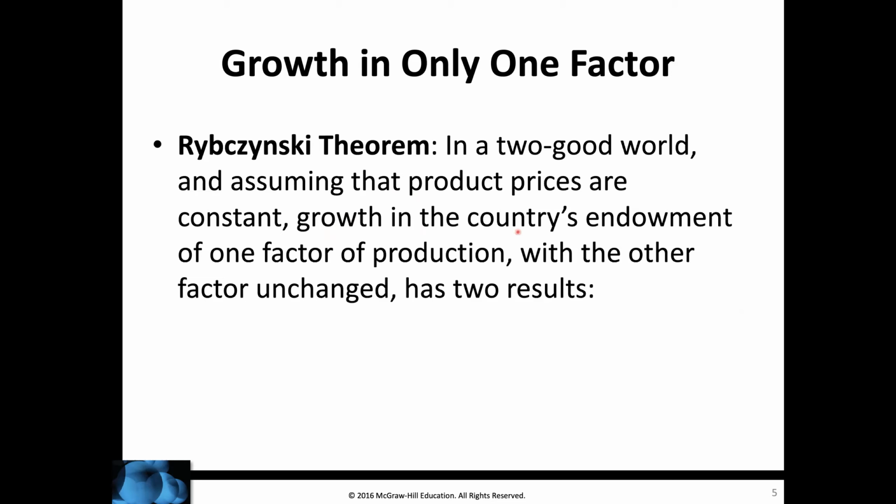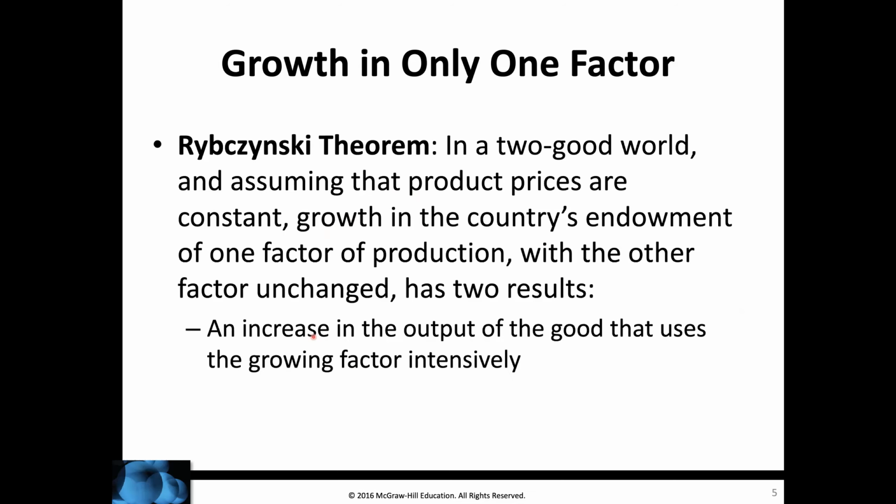Growth in the country's endowment of one factor of production with the other factor unchanged has two results: an increase in the output of the good that uses the growing factor intensively, and a decrease in the output of the other good.